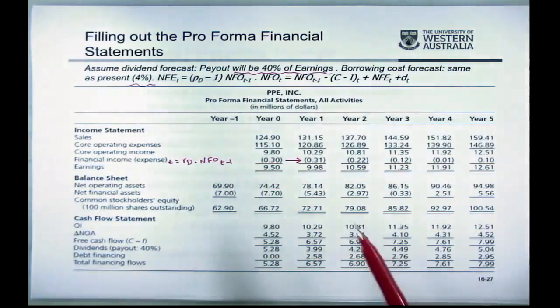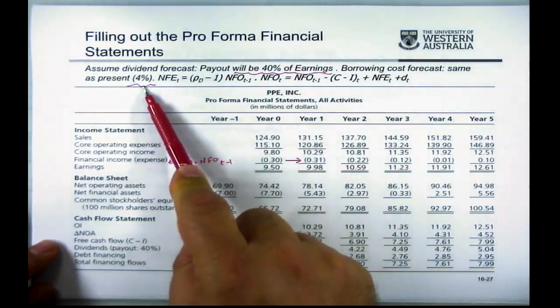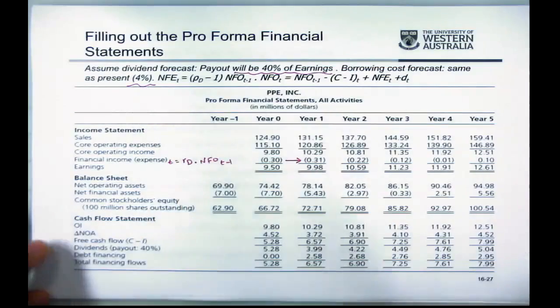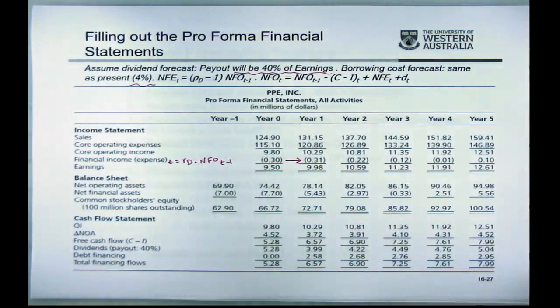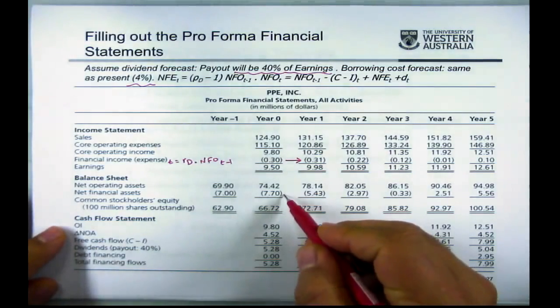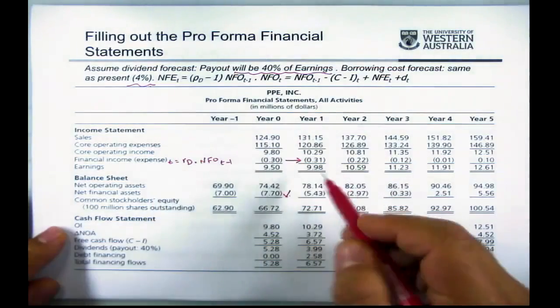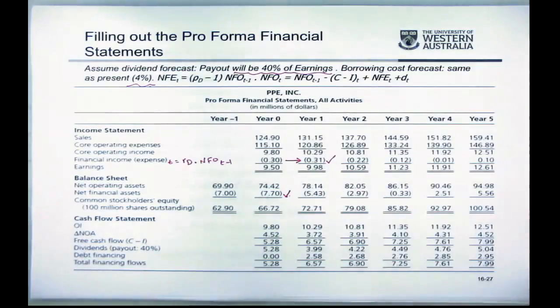So we multiply the cost of debt, 4%, times the lagged NFO. The lagged NFO was how much? 7.7. So 7.7 times 4% gives us the expected net financial expense. Okay? Make sense? Okay.